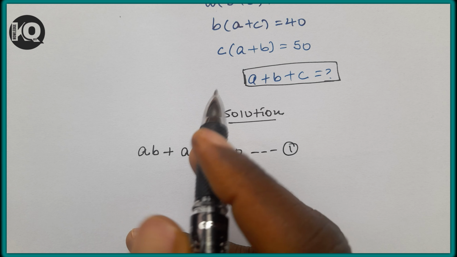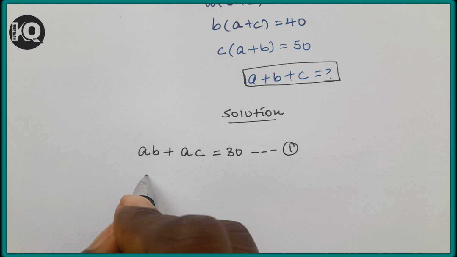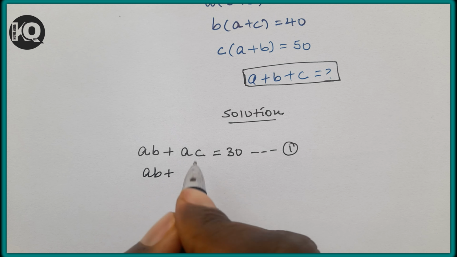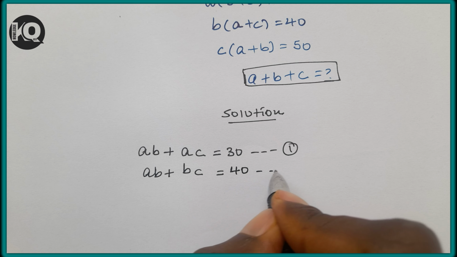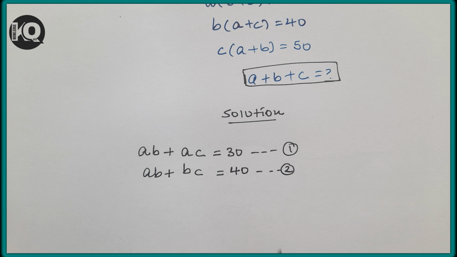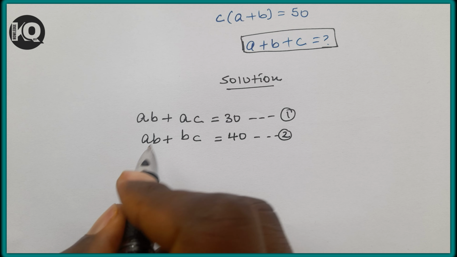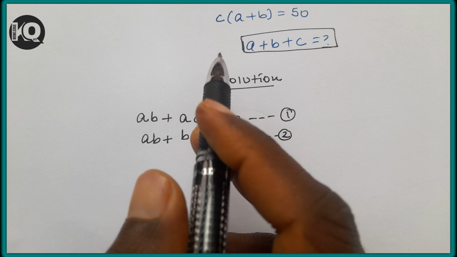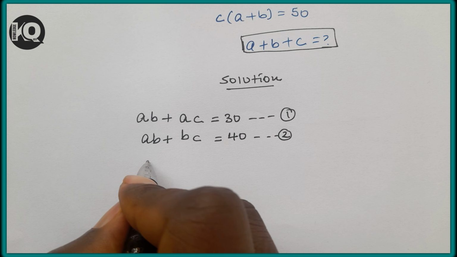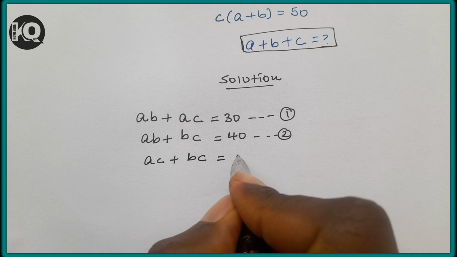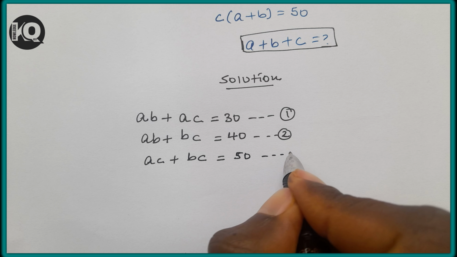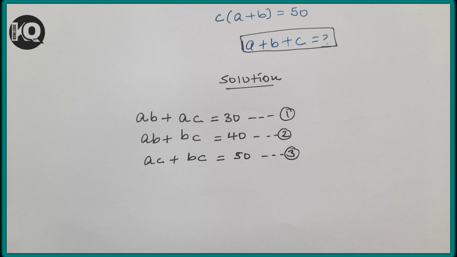The second one is b times a, ab plus bc, which is equal to 40. Let's assign that as equation 2. And for the last one, c times a, that's ac plus bc, which is equal to 50. Let's assign this one as equation 3.